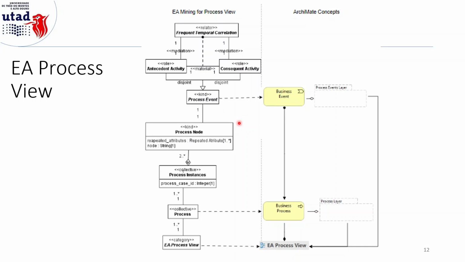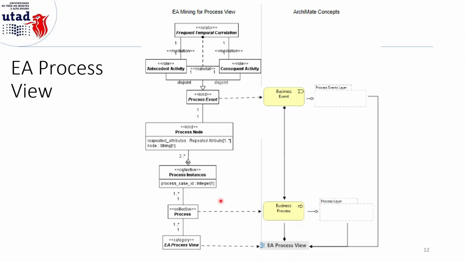Thus, it's possible to identify the sequence candidates and assign to each sequence a case ID, building individual instances of process. The process instances are grouped in the collective process based on the first and last activities. So the different path sequences are seen as variations of the same process group in the collective process.